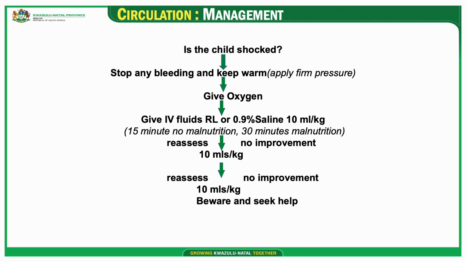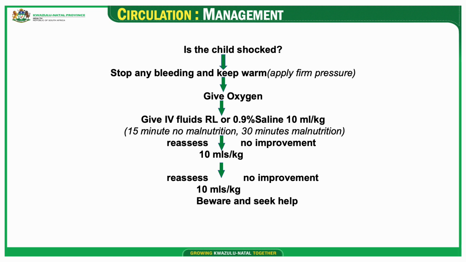We're going to keep on reassessing after each fluid bolus. If there's no improvement, I can repeat that fluid bolus, 10 mils per kg, same rate. Reassess after that fluid bolus. I can give a third bolus, but be aware and seek help once you've given 30 mils per kg.